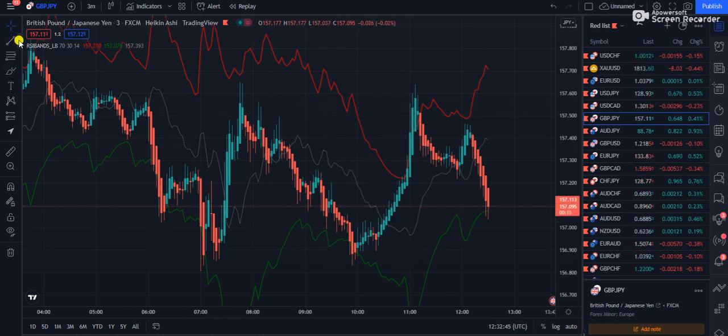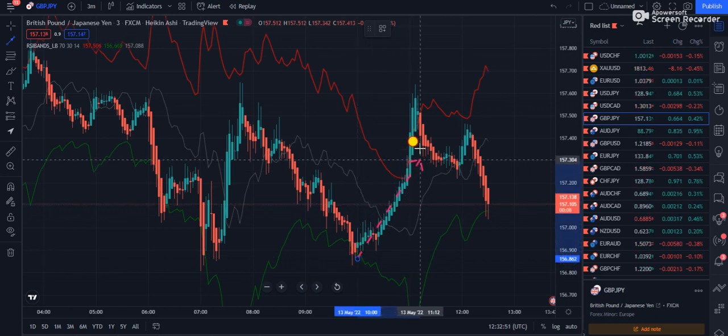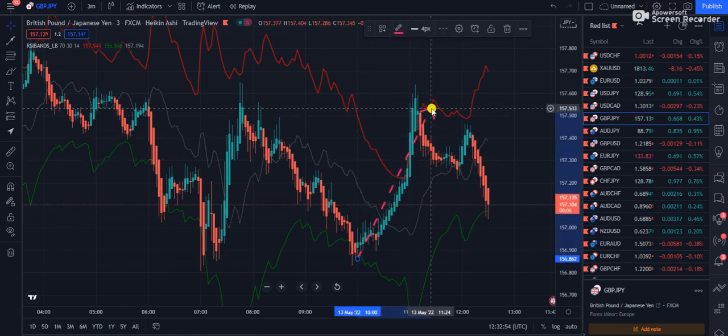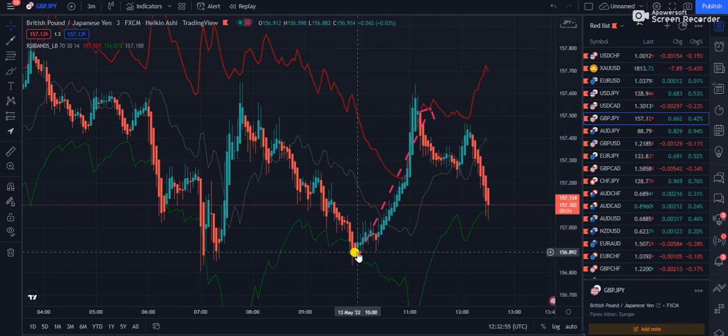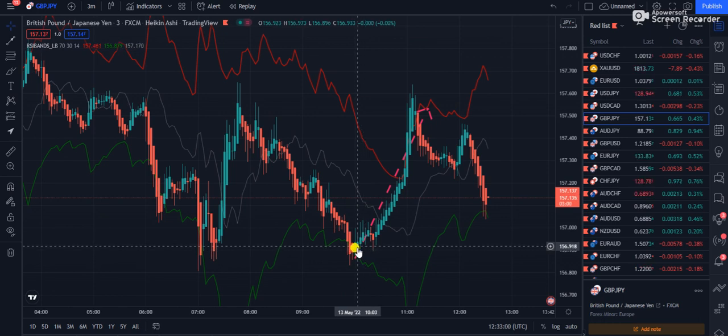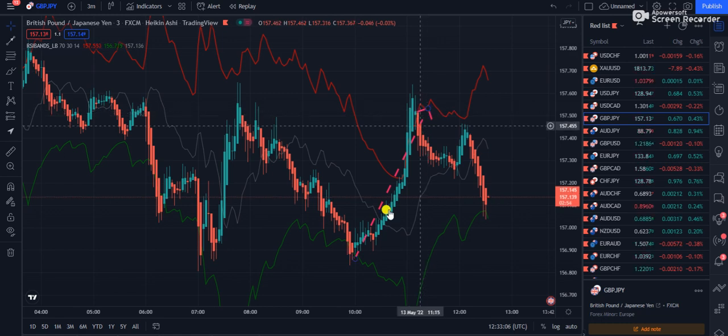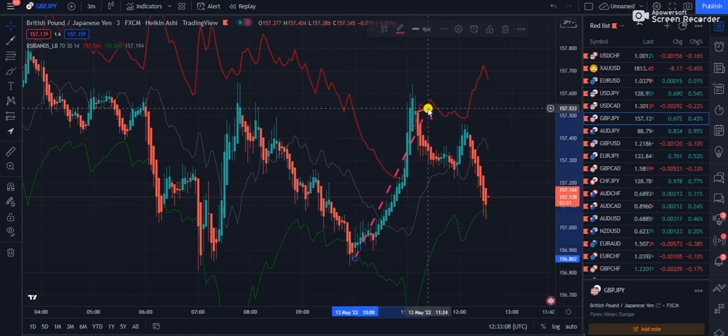The market touched the green band here, but you will not immediately enter a buy position unless you see a proper retracement from this level. The Heikin-Ashi candles will tell you when they change color to green. Then you will be sure that the market has started the retracement and you can take your buy positions.